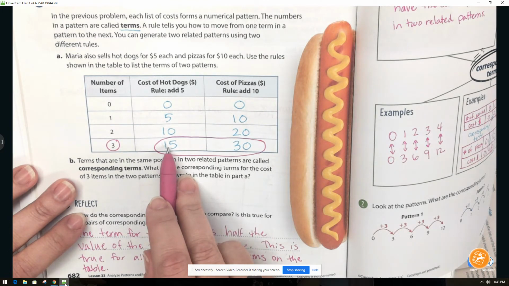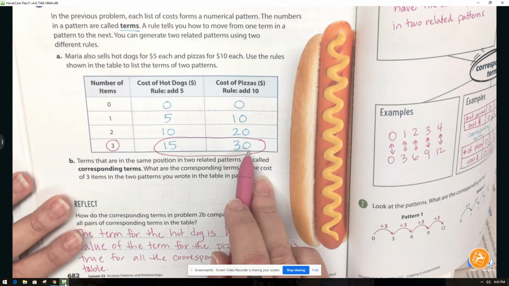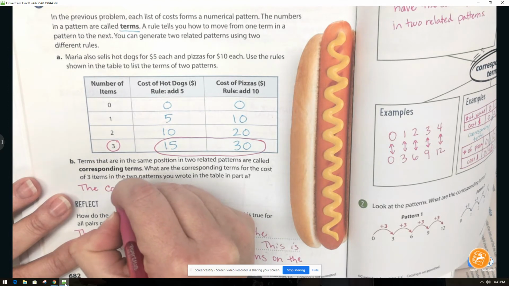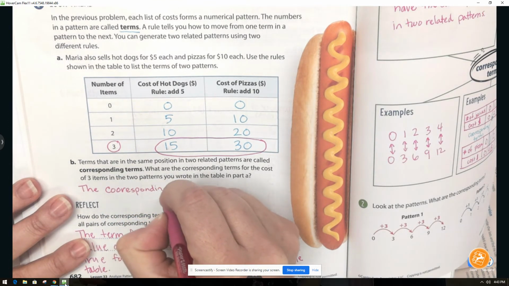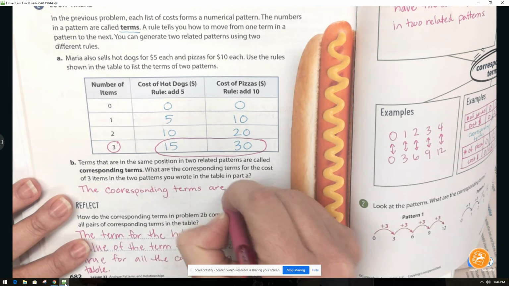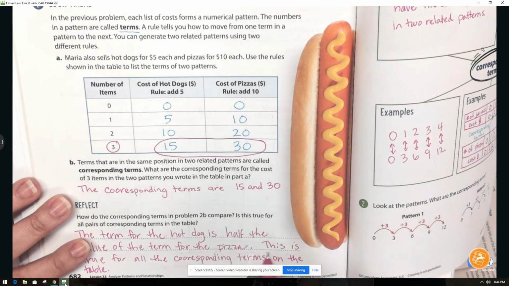So 3 hot dogs cost $15, where 3 pizzas cost $30. So the corresponding terms are 15 and 30.